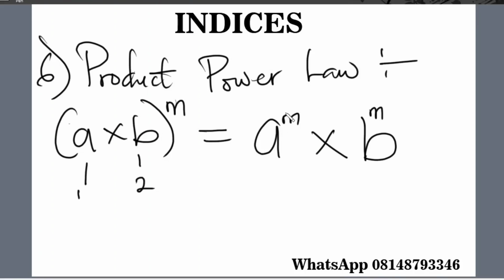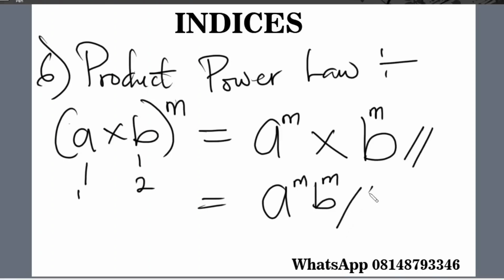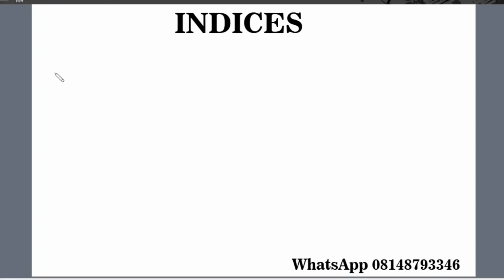So a raised to the power m multiplied by b raised to the power m gives us what? It gives us a raised to the power m b raised to the power m. You can leave it this way. You can also leave it this way. Now let's take the final example.